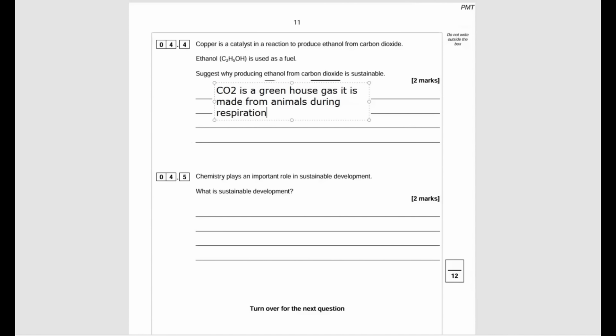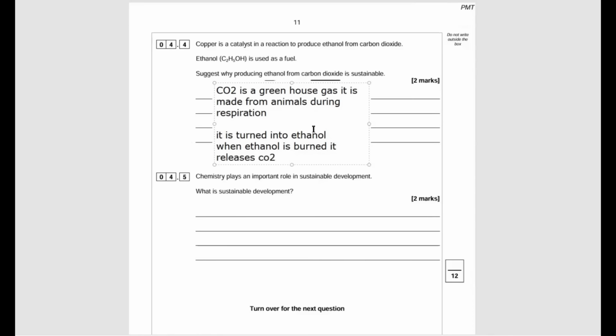It is turned into ethanol, and when ethanol is burned, it releases CO2.